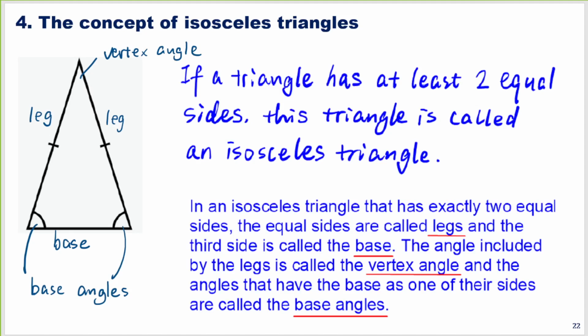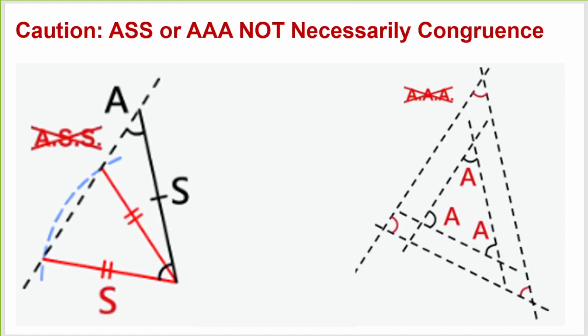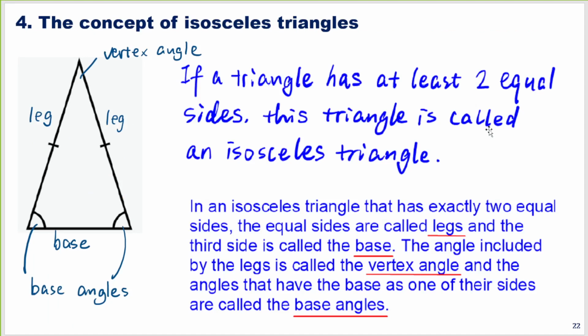Yes, AA means by using AA, you could prove two triangles are actually similar. We'll talk about the concept of similar in the next lesson, okay? This lesson will focus on congruence, which means exactly the same. And next lesson we'll talk about similar.